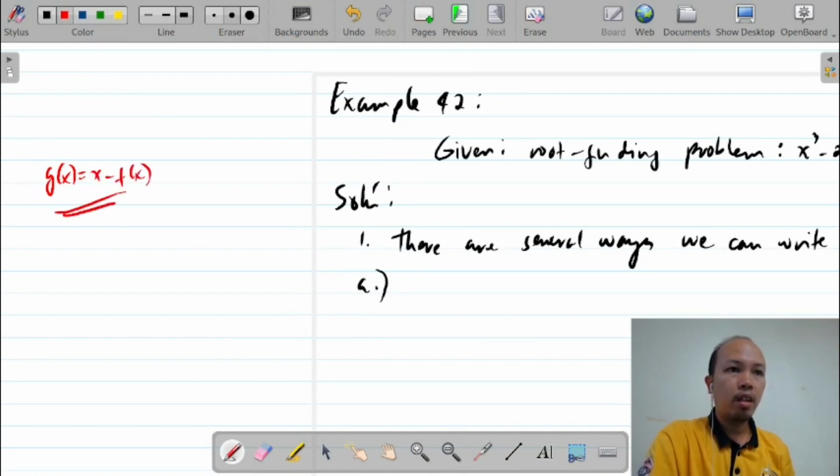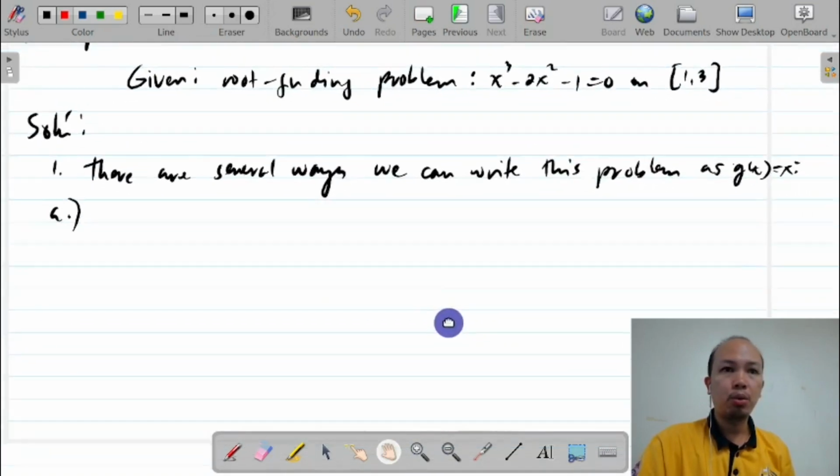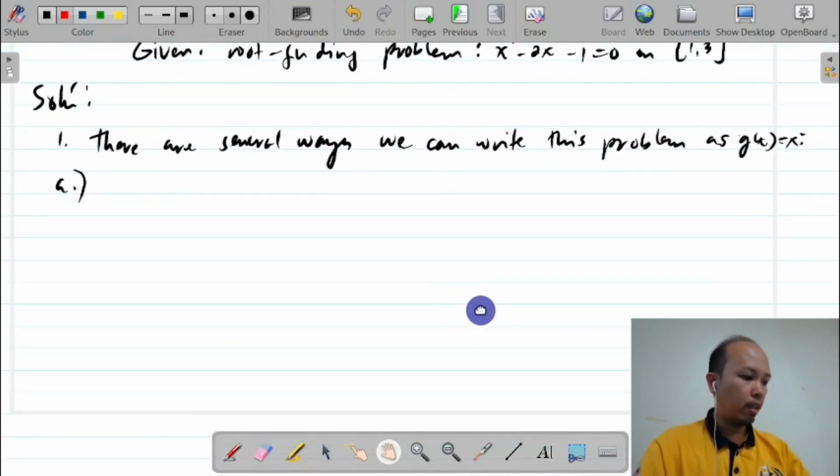I wrote this one in the discussion before theorem 38 or definition 38. Maybe you are tempted to use that, but there's a problem if ever you use that kind of method. But that's the first approach.